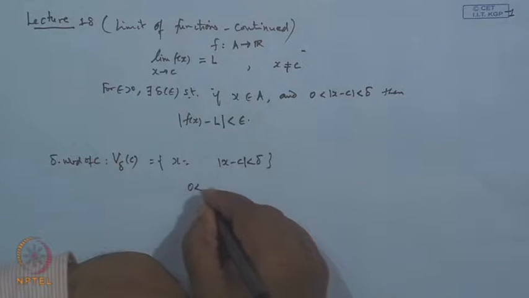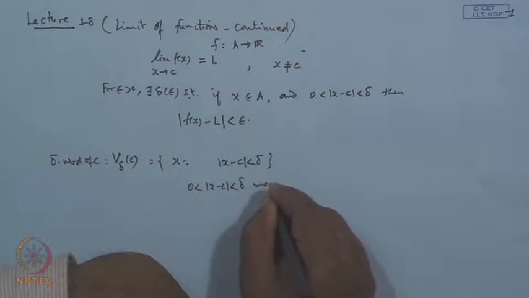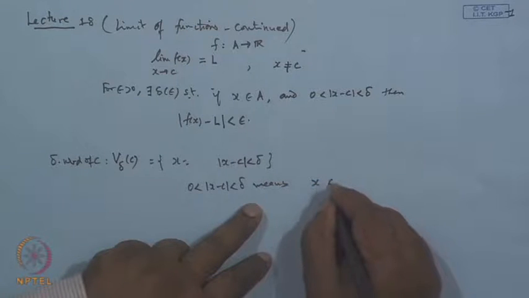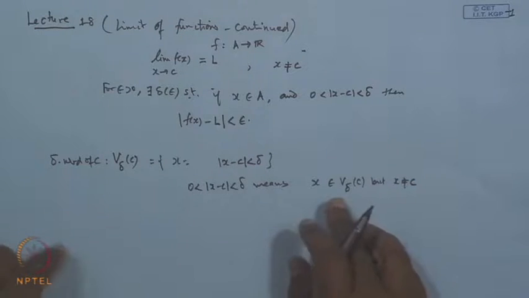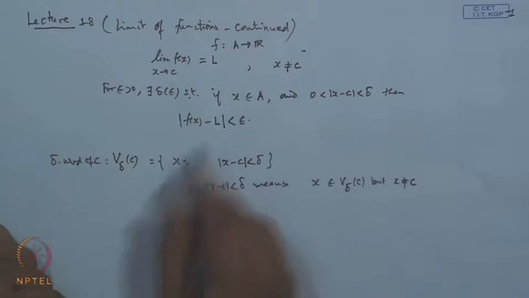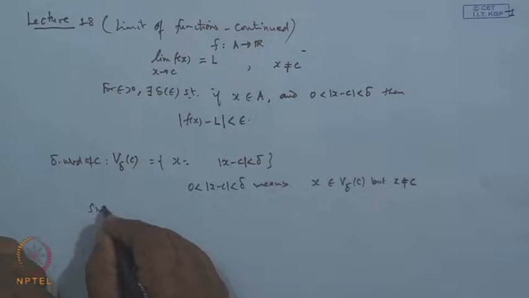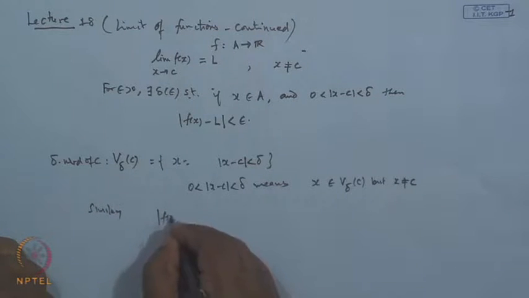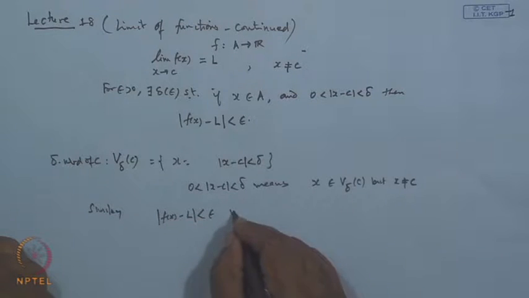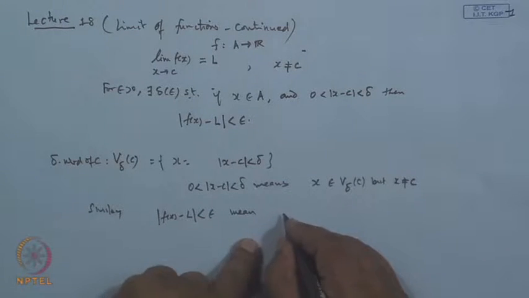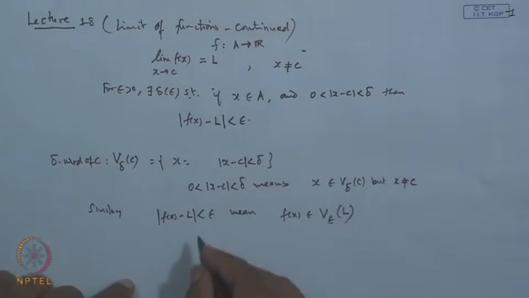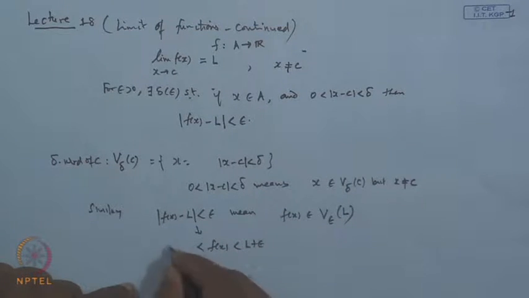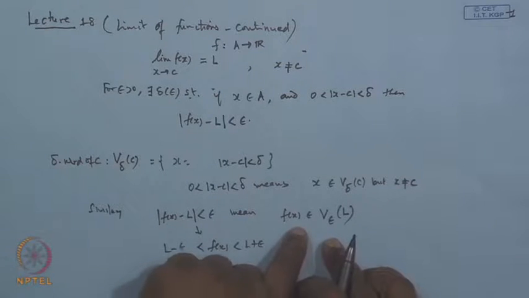So, 0 is less than |x − c| less than delta means x belongs to V_delta(c), but x is not equal to c. So, it lies in the delta neighborhood of c, and similarly |f(x) − L| less than epsilon means that f(x) belongs to the epsilon neighborhood of L, because the meaning of this is that f(x) lies between L − epsilon and L + epsilon. So, f(x) lies between this.